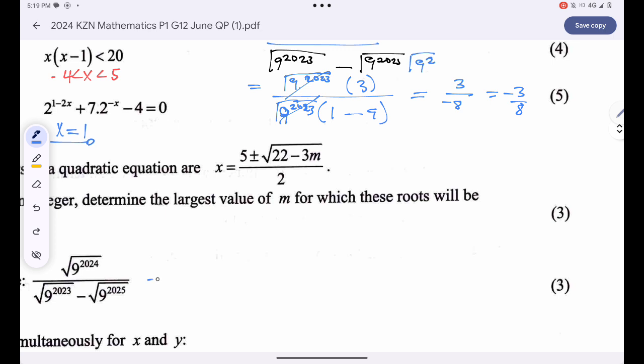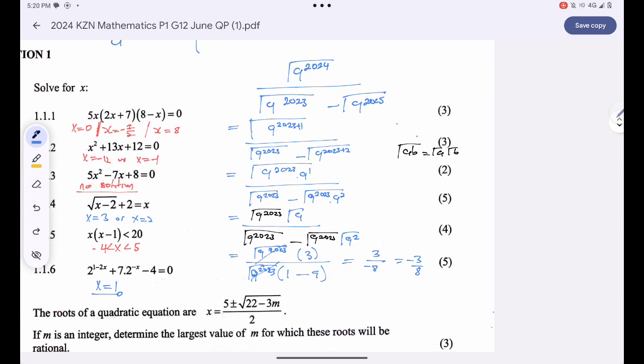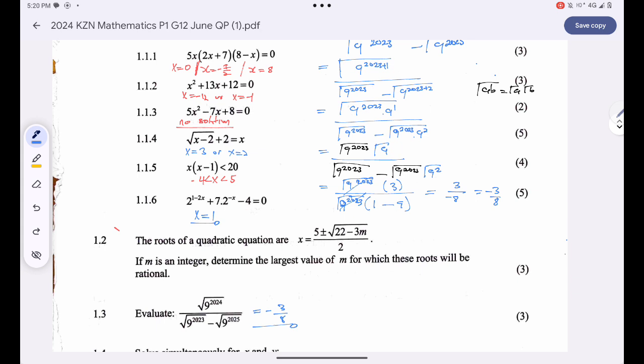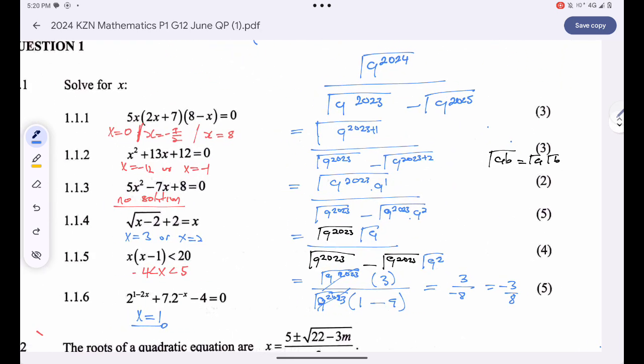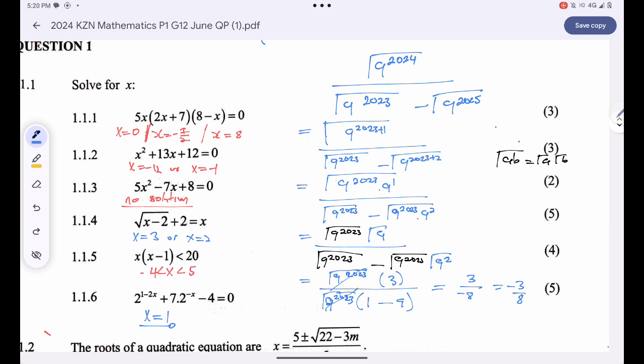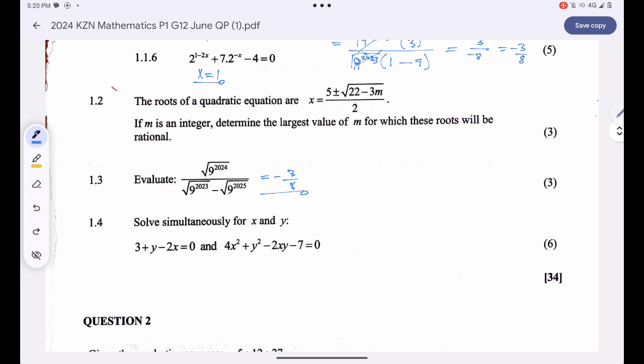So this thing over there is equal to negative 3 over 8. That's how you're supposed to simplify that. I might have taken long to answer this, but I wanted to make sure there's no step I skipped for you to understand.